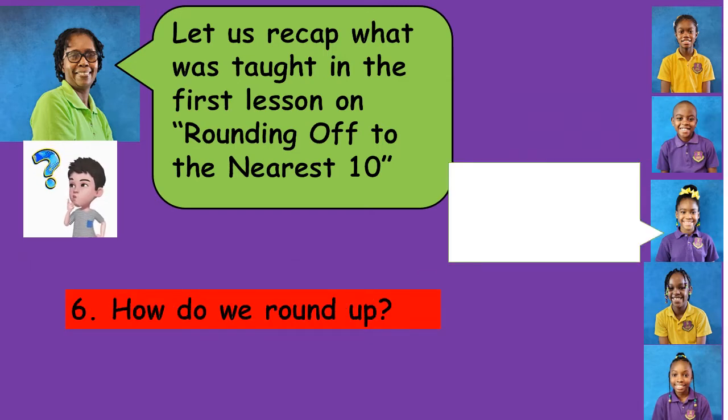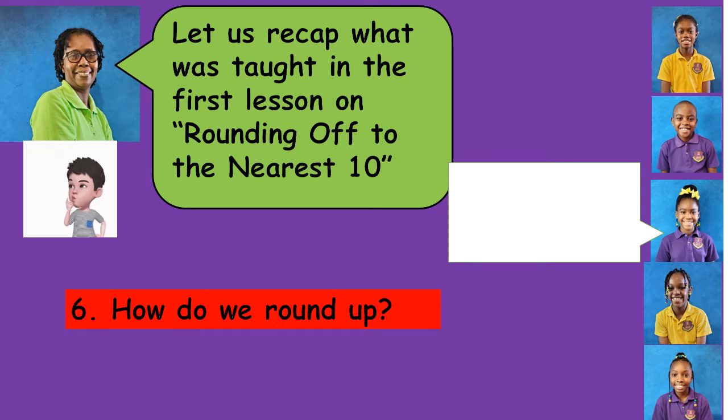Question number 6 says, how do we round up? That means, what should we do when we are rounding up? And I see Sarah would like to answer again. So let's hear what Sarah has to say. And remember, we are looking at rounding off to the nearest 10. That's the lesson that we did already. So we are recapping, okay?